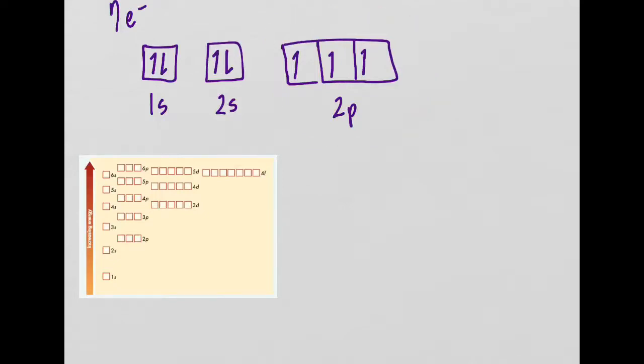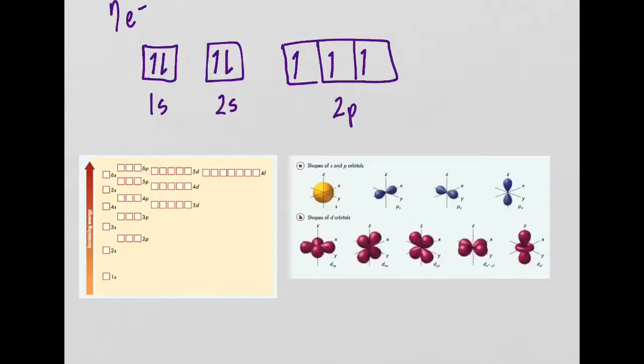So remember that 2p, let me get my picture. In my p sublevel, I have three different directions or spaces that these electrons can occupy. So you see here I have a px, a py, and a pz. That x, y, and z tells us which axis the orbital is on.